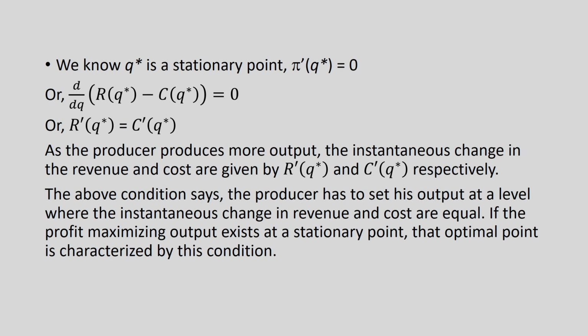So, if it is a stationary point, then we can identify it by this necessary condition that pi dashed of Q star is equal to 0, and that boils down to this condition, because pi of Q is equal to R of Q minus C of Q. And so, we have this condition, which is R dashed of Q star should be equal to C dashed of Q star.